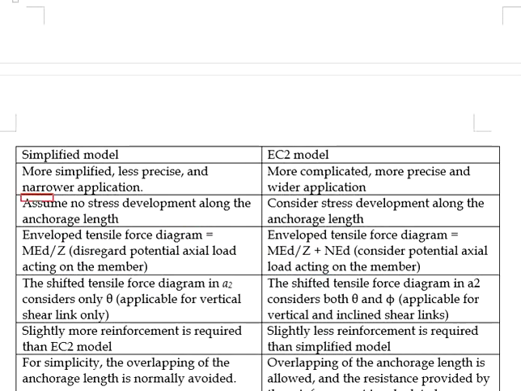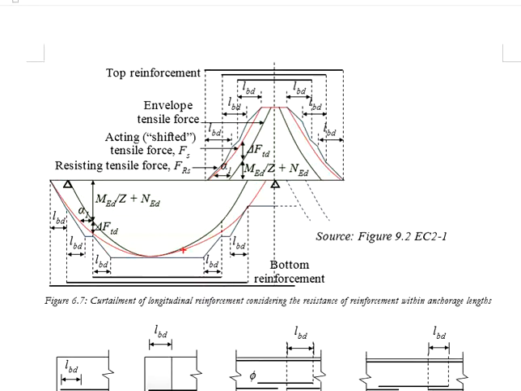This makes the estimations less precise as compared to the Eurocode 2 model, which considers the stress development along the anchorage length. That's why you see an inclined resistance provided along the anchorage length. The Eurocode 2 model assumes that the stress developed within the steel reinforcement is proportional to the anchorage length.